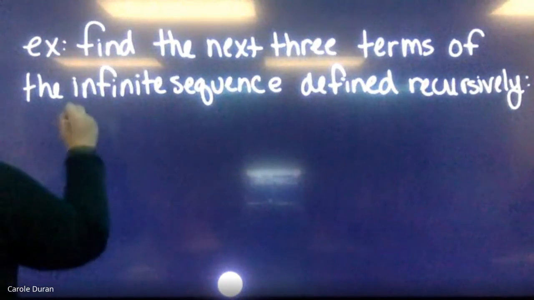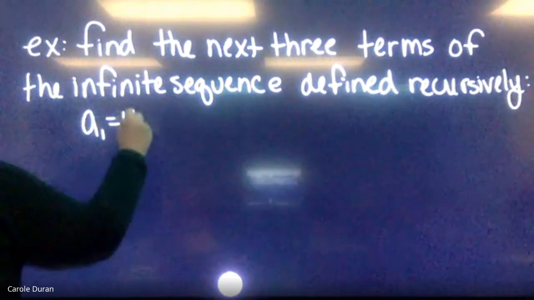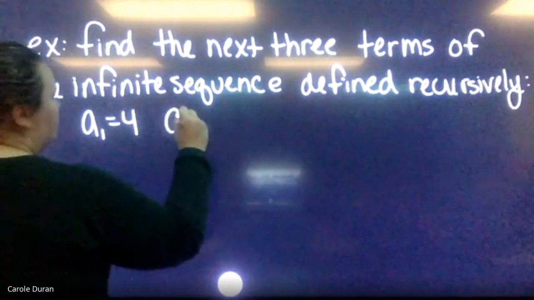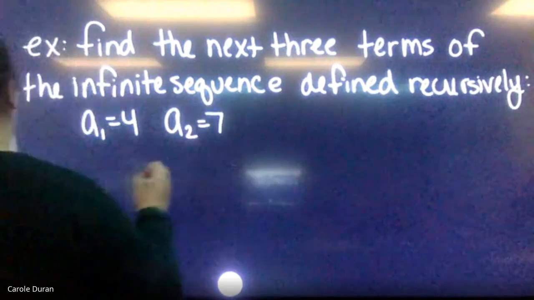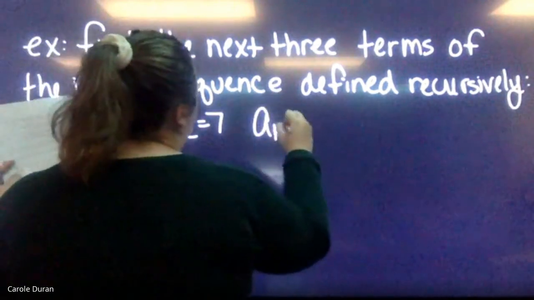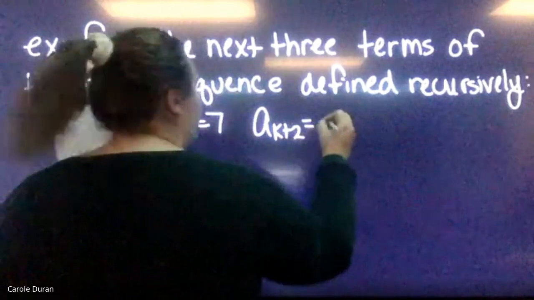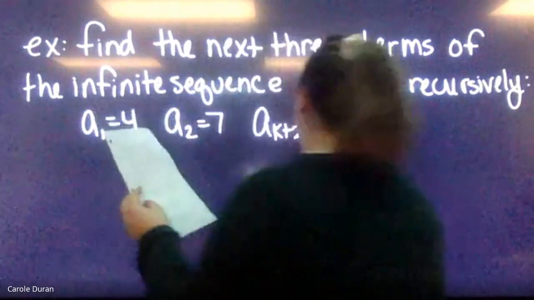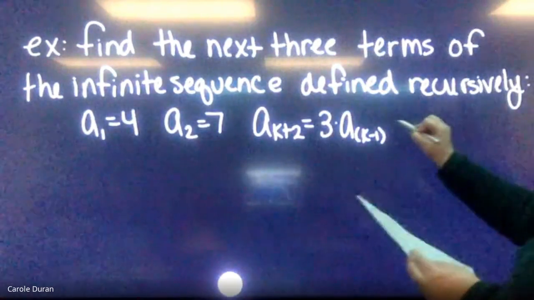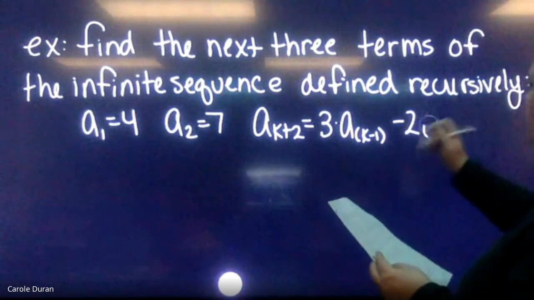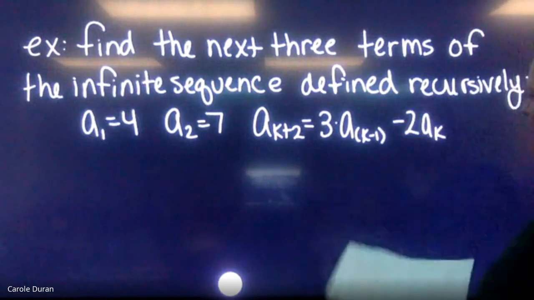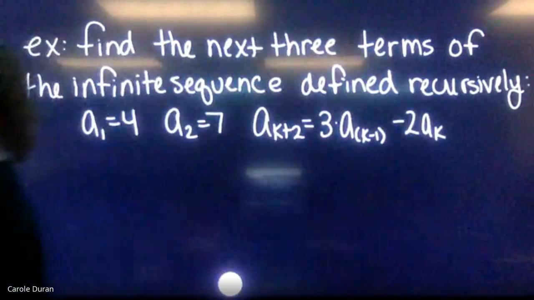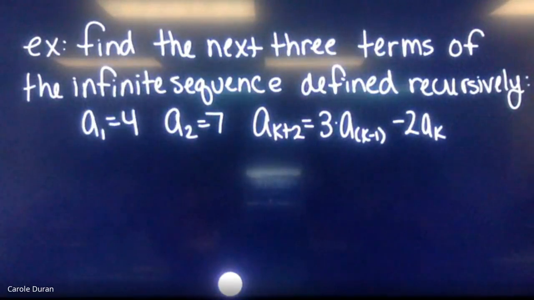So this tells me that A of 1 is equal to 4, A of 2 is equal to 7, and A of k plus 2 is equal to 3 times A of k minus 1 minus 2 times A of k. He wants us to find the first 3, but gave us the first 2. It says find the next 3. Oh, next. Yes.